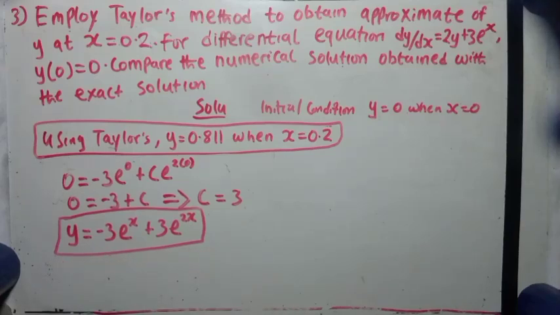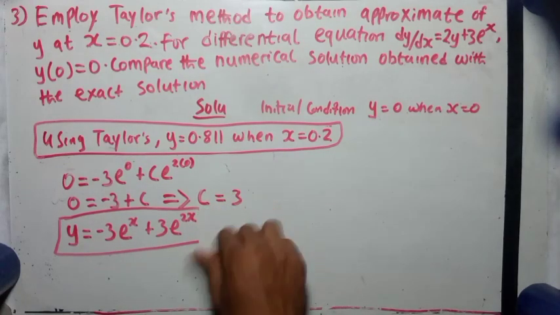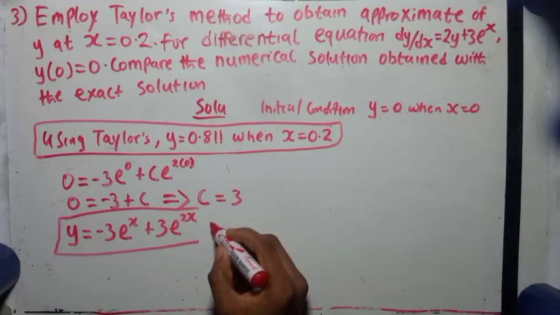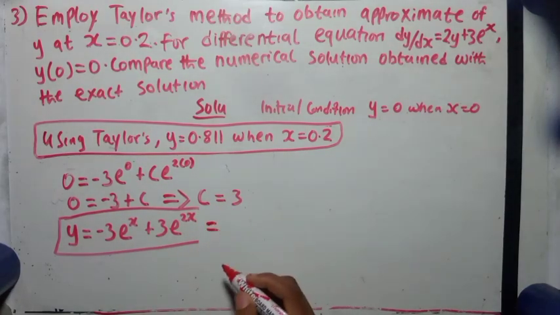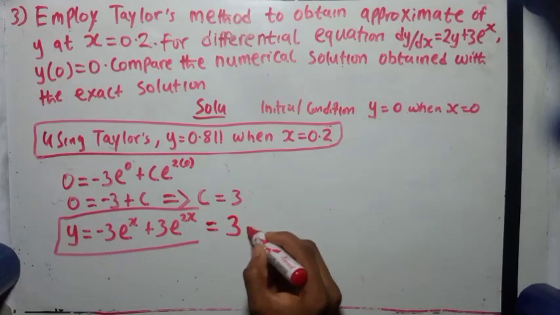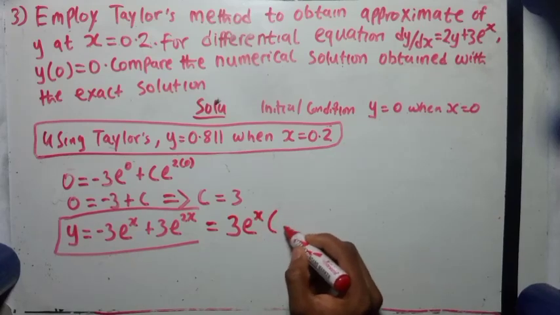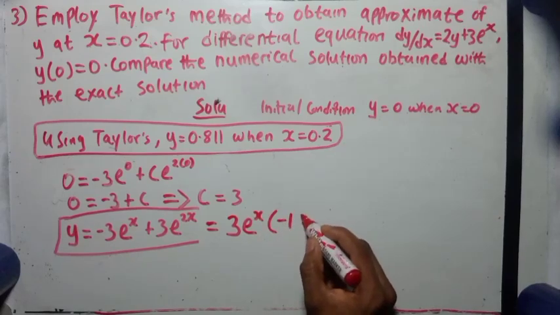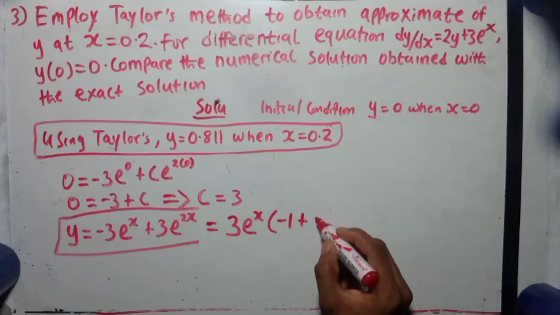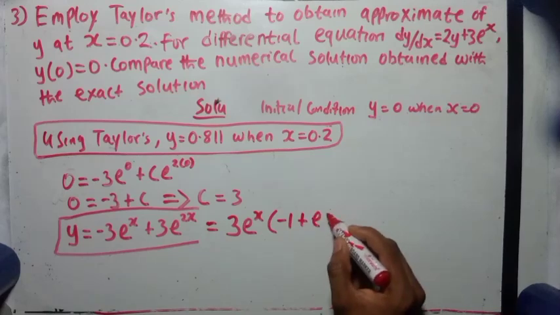We can go further. There are some like terms here, so permit me to write this to be 3 exponential x times minus 1 plus exponential x.